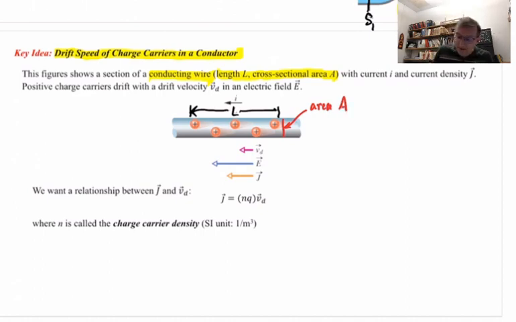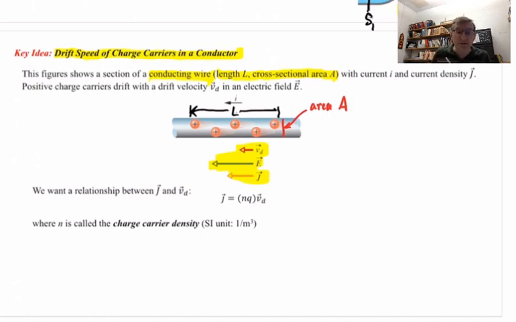And then there are three arrows drawn beneath, but they're all representing quantities inside the wire. And you can see a few of the pretend positive charge carriers, and they're all drifting to the left in this picture. So there's a drift velocity, v_d, arrow to the left. There's an electric field in the conductor.